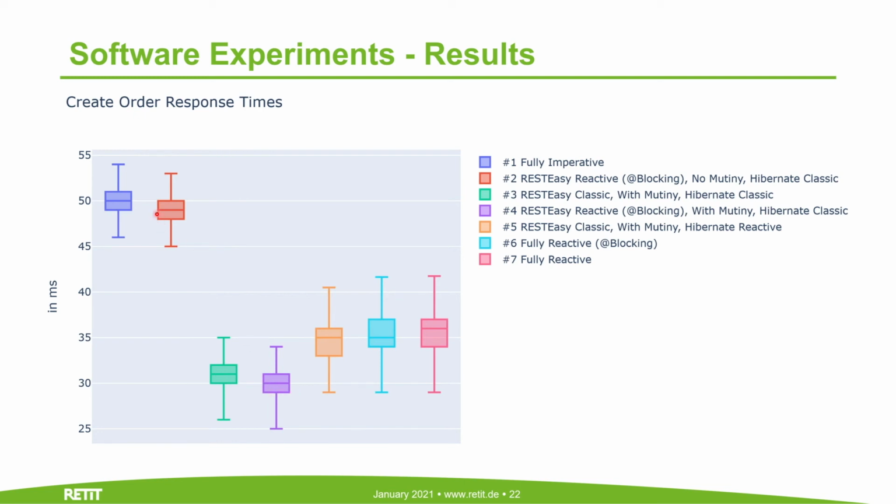And if you do not use Mutiny, you have an average response time of 49 milliseconds. And you might ask yourself what might be the reason that Hibernate Reactive in this case seems to impact the performance rather negatively.